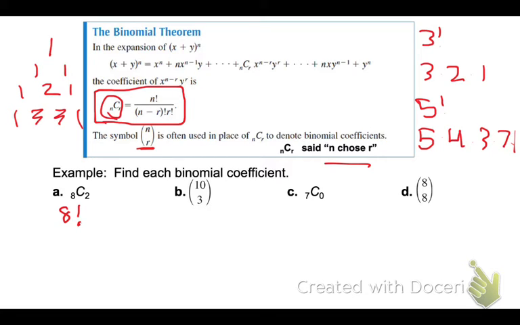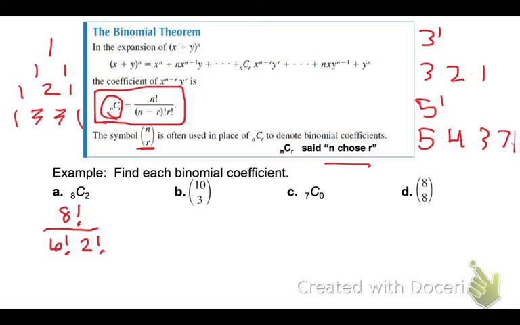So 8 minus 2 is 6 factorial, times 2 factorial. Okay? So we need to be able to simplify this because I do not want to take 8 times 7 times 6 times 5 times 4 times 3 times 2, and divide that by 6 times 5 times 4 times 3 times 2 times 2. I don't want to do it.